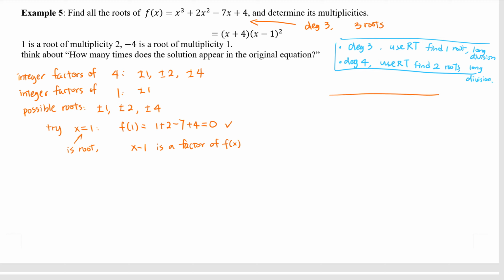Now let's use long division. We have x cubed plus 2x squared minus 7x plus 4, divided by x minus 1. Do you still remember long division?